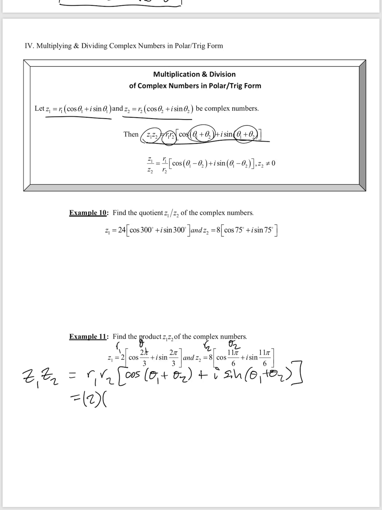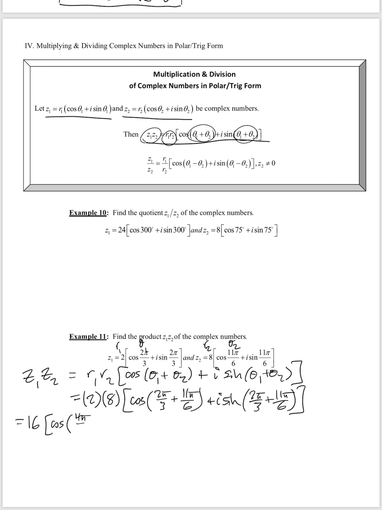r1 is 2, r2 is 8. Theta 1 is 2 pi over 3. Theta 2 is 11 pi over 6. And that's going to be the same inside the sine here. Now it's simplification. 2 times 8 is 16 on the outside, times cosine of, I need a common denominator, that's going to be 6.